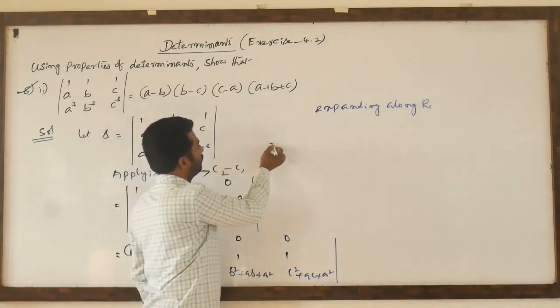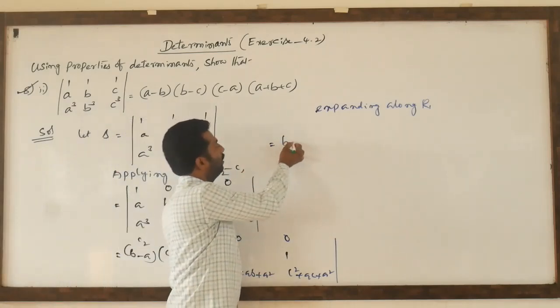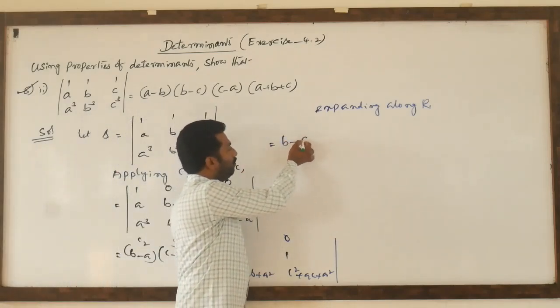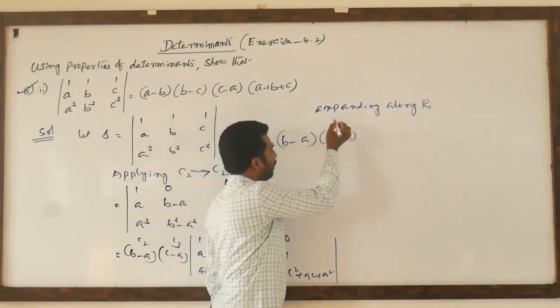Here no changes: these terms (b minus a) into (c minus a). This is (b minus a) into (c minus a).